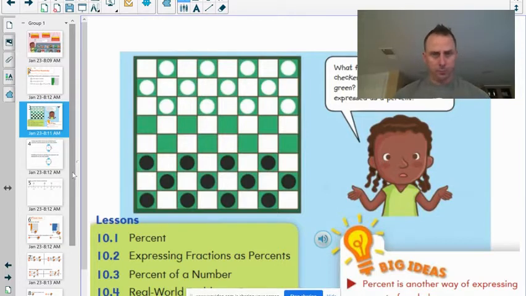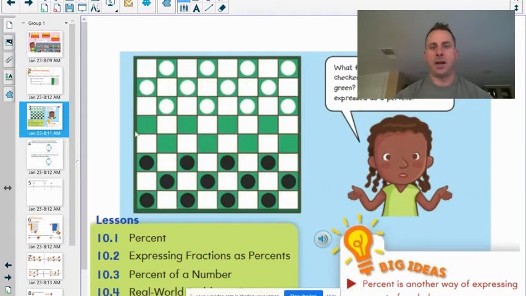So if you think about it, if you're playing a game and the board is green and white squares, shaded and unshaded, in a game of checkers, you'd say about half, right? Half the board is green, half the board is white. So what percent is that? 1/2, 1 out of 2. Well, that's 50%, right? 5 out of 10, 50 out of 100.